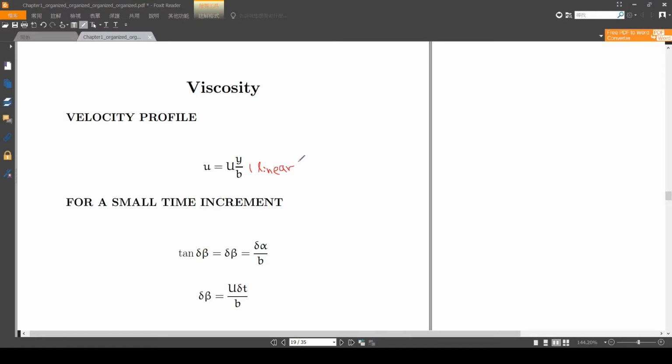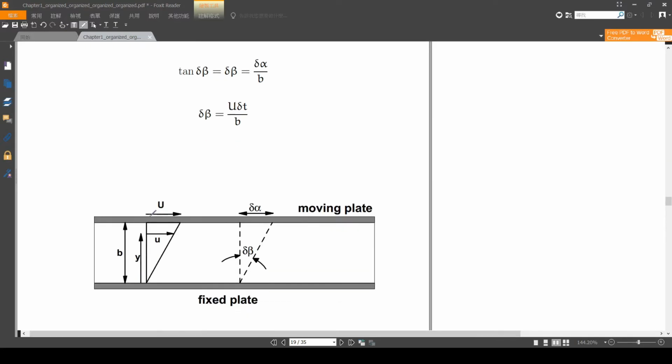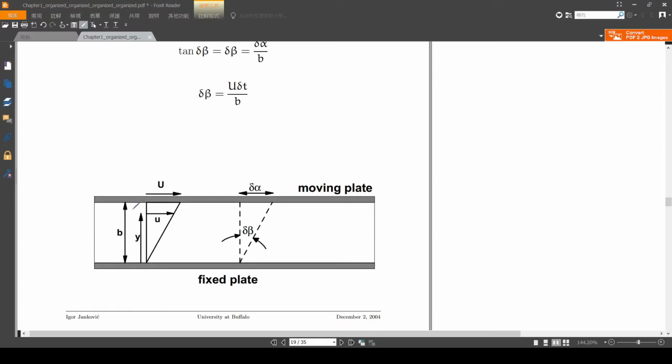Here is the figure demonstrating how we derive the relationship between the shear stress and the viscosity. So we just quickly take a look at this part.